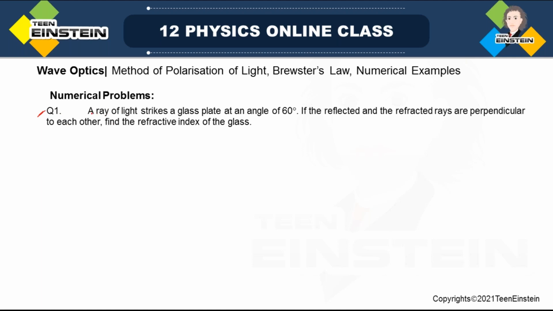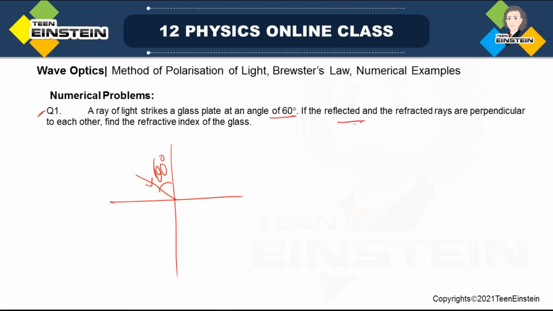This problem is asking: a ray of light strikes a glass plate. So you have a glass plate, and suppose this is the normal, at an angle of 60 degrees.